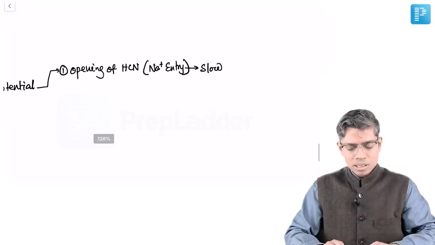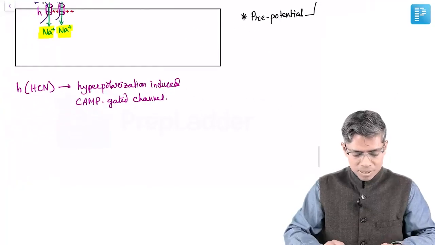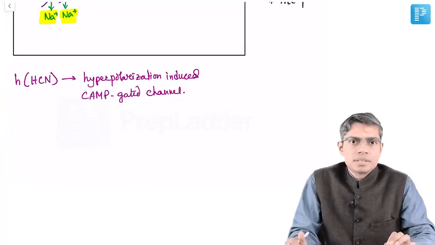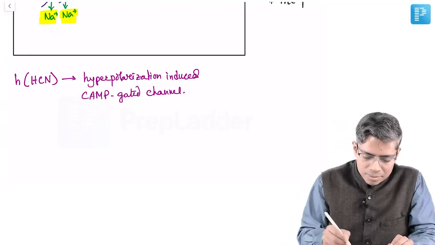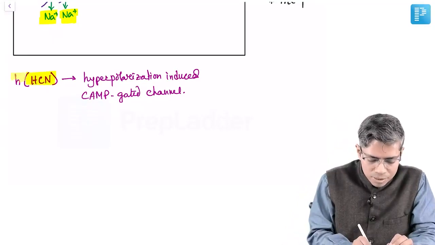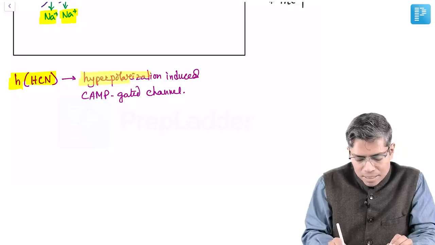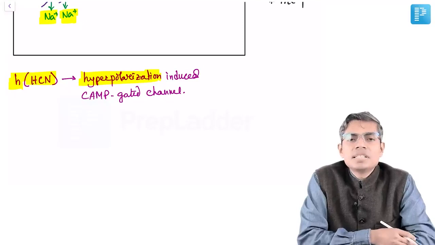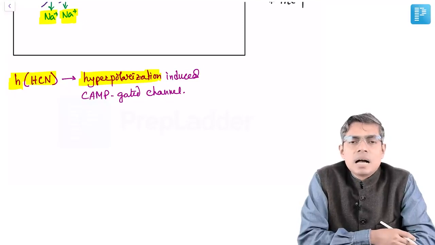What are the other properties I have to remember about this HCN channel? When it was first discovered, scientists found out that the channel is very, very peculiar because it opens in presence of hyperpolarization. Generally, voltage gated channels in our body open in presence of depolarization, not the negative voltage.